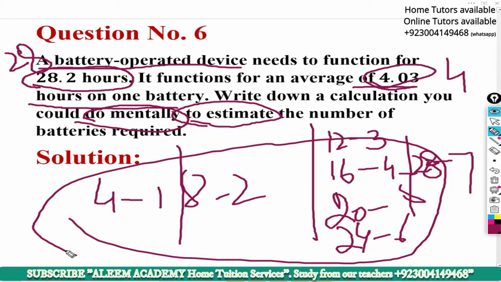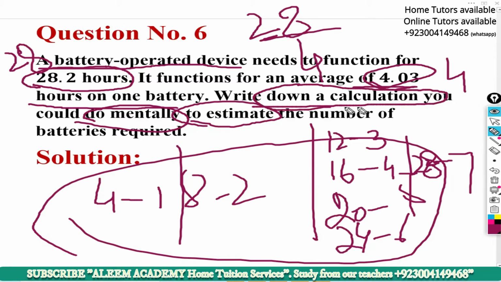Okay, so it needs basically, write down the calculation you can do mentally to estimate the number of batteries. It basically needs 7 batteries to function 28 hours. Okay, the other way you can do this is 28 divided by 4. Alright, so when they are asking that write down a calculation, calculation means that this answer is also sufficient. 28 over 4.